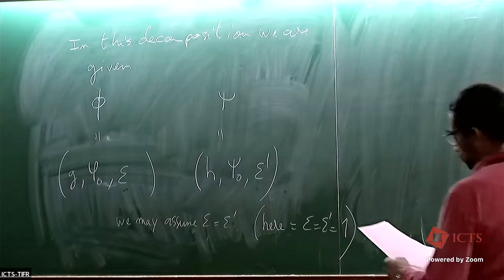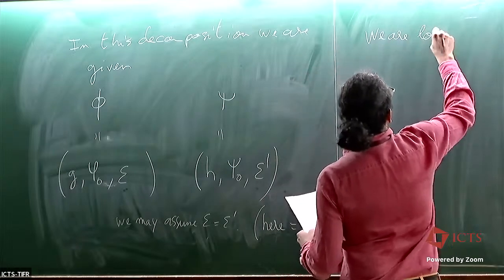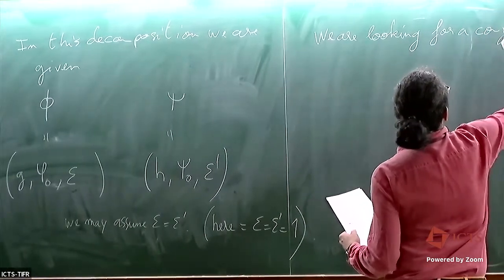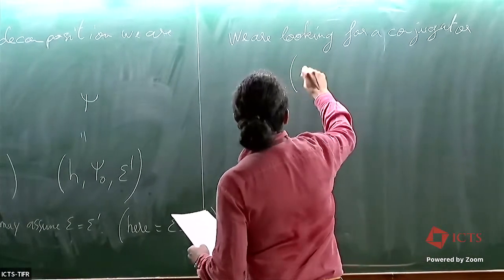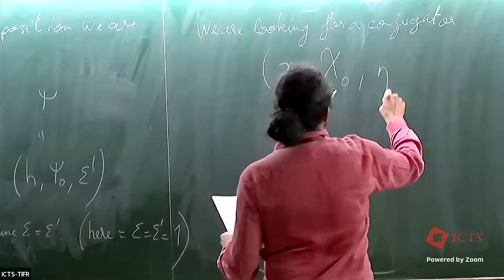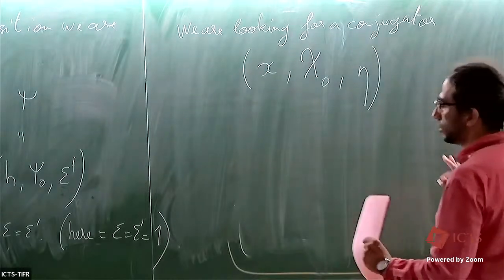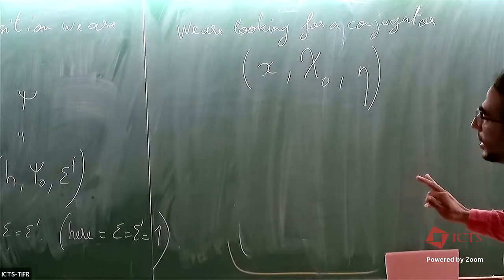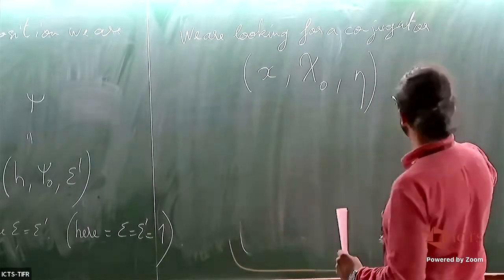And so we are looking for a conjugator. The conjugator has the form x, k0, eta. And again, I will only look for a conjugator such that eta equals 1, not to mess up all the computation. It's already a mess to do computation in a semi-direct product. I'm sure to make mistakes, perhaps I already did.